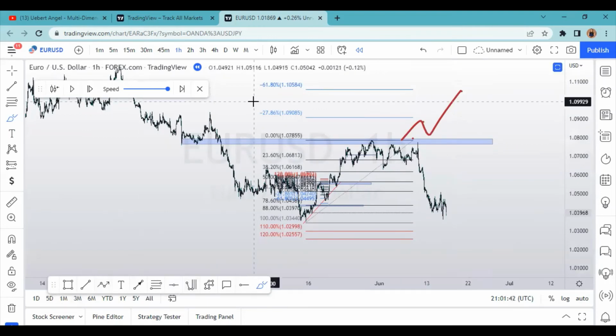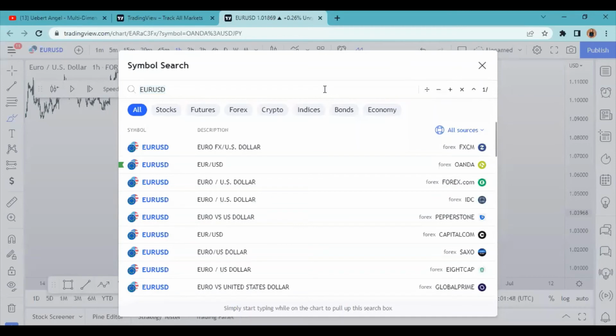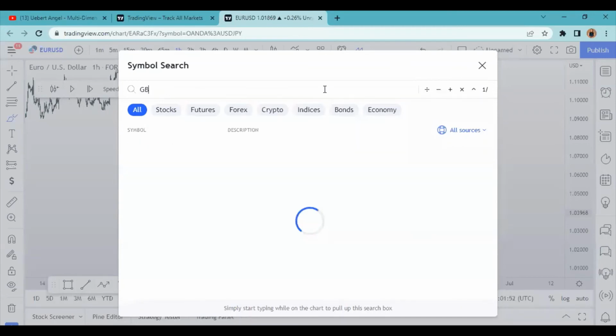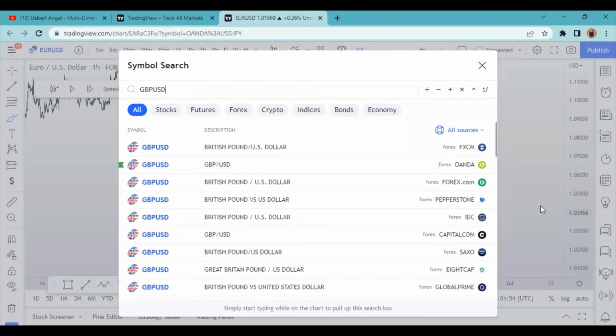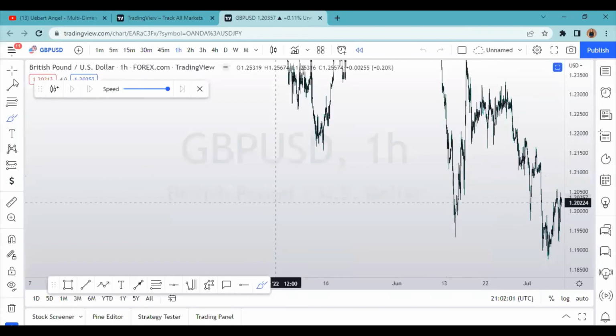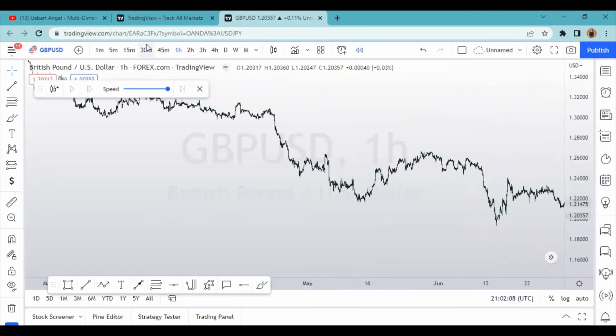Okay, anyway, so let me try GBP USD and then we close for the buy direction. And let's use 30 minutes for this.